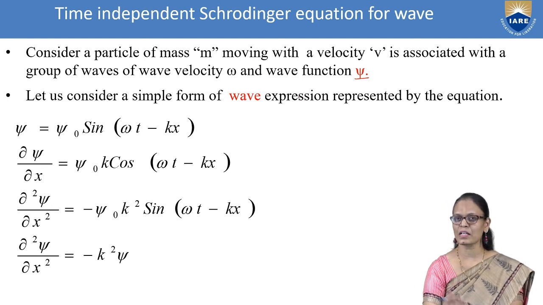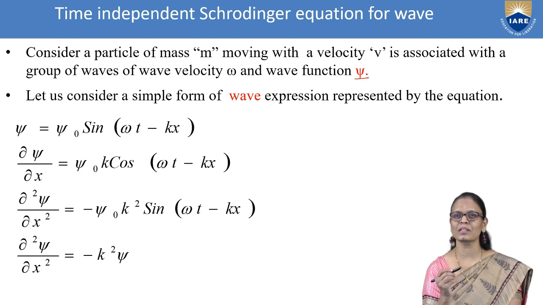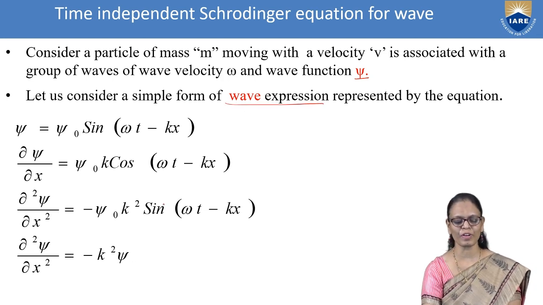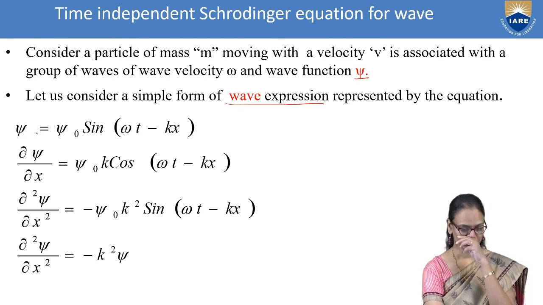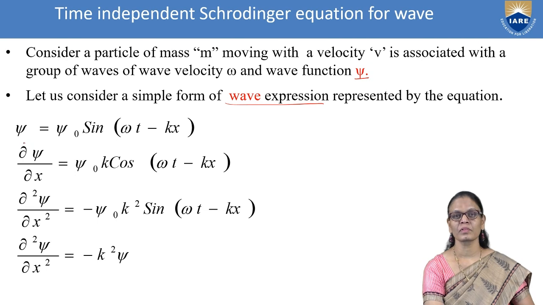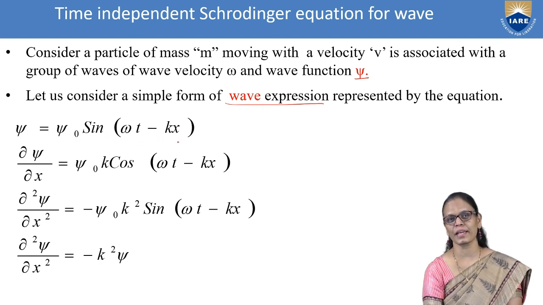Now, as we have discussed, we are following the 3 steps. First, we'll use the classical plane wave equation. So, let us consider the simple form of wave expression. What is the simple form of wave expression? Psi is equal to psi naught sine of omega t minus kx.